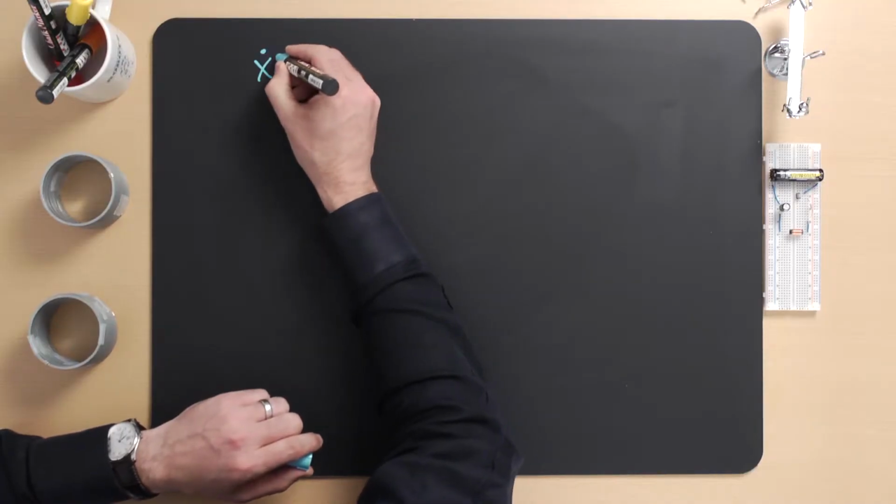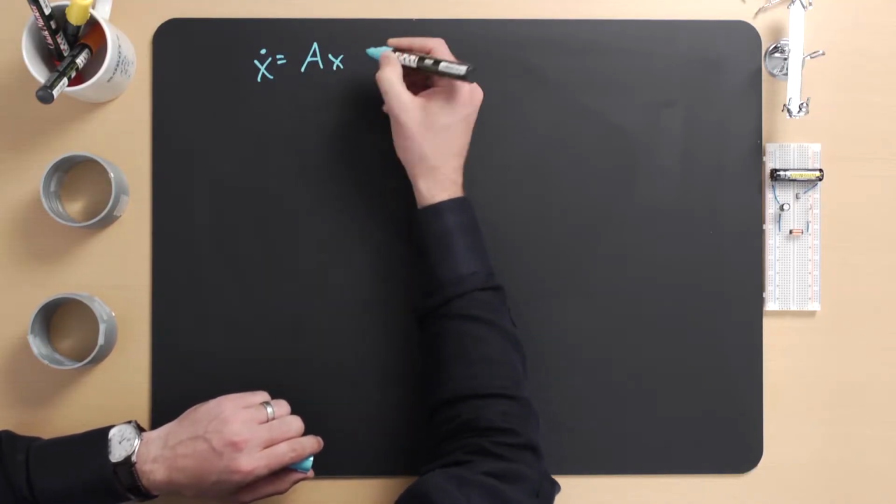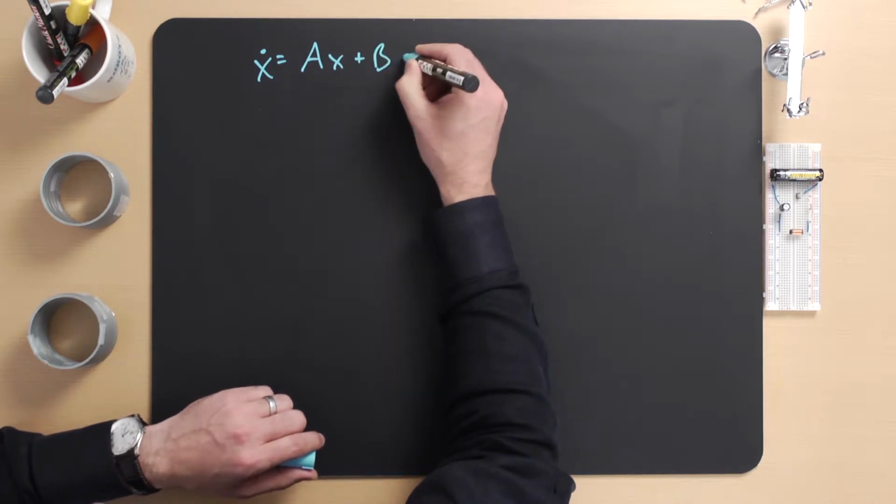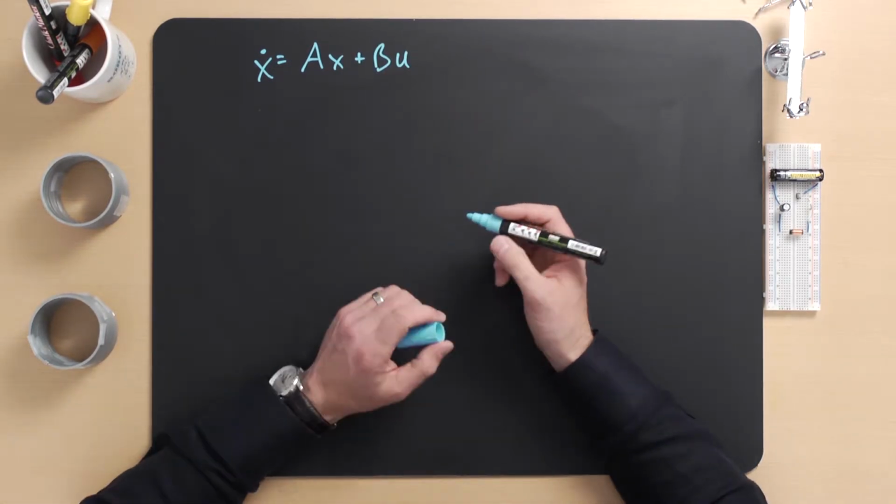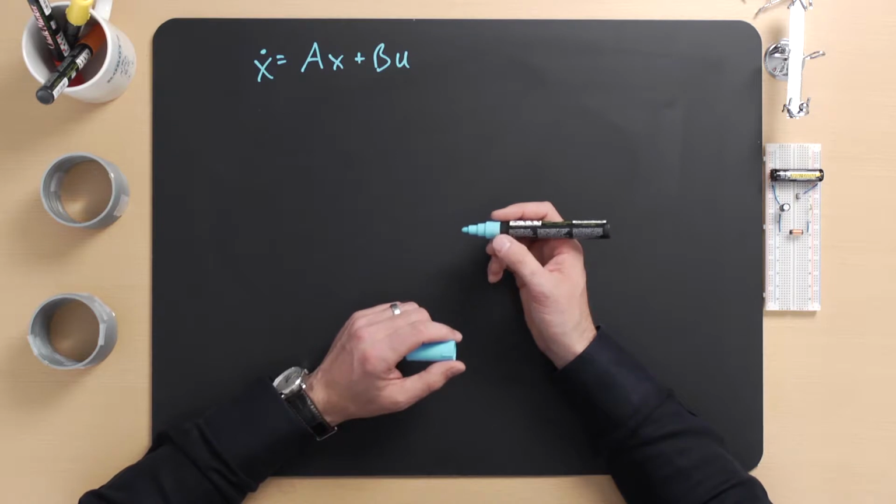Let's assume that we have a single variable x and a linear, constant coefficient ordinary differential equation with a number. So we have x dot is equal to ax, where a is a number, plus bu, where b is a number, and then u is just some signal.